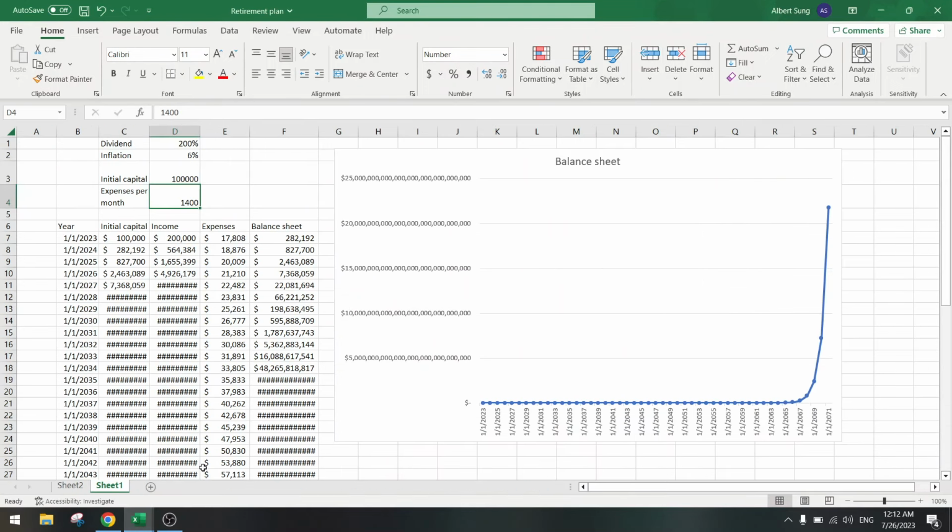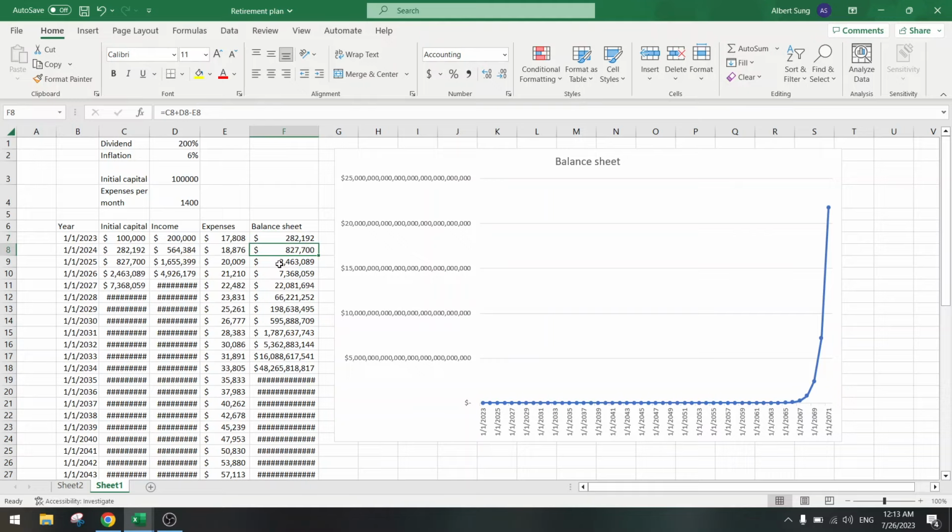So what happens when you buy this stock? So in a few years, they could start paying the dividend, which is 200% if you buy the stock today. And then your initial capital could rise already, as you can see, at 10x in just 2 years.